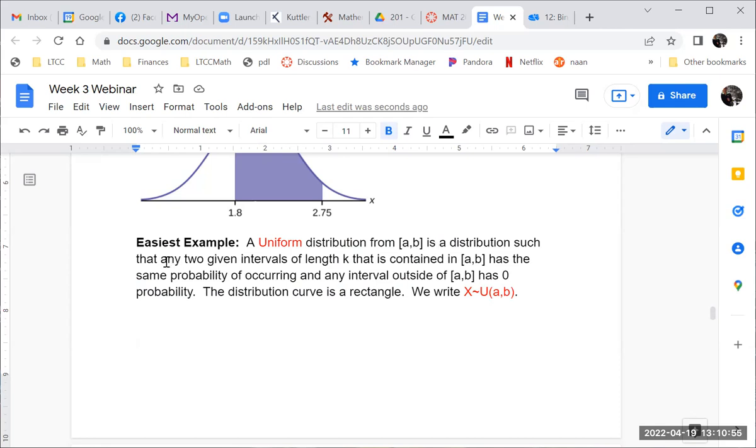It's a distribution such that any two given intervals of length k contained in AB have the same probability of occurring, and any interval outside of AB has 0 probability. And the distribution curve gives the rectangle.